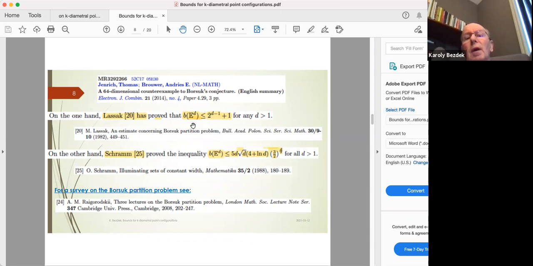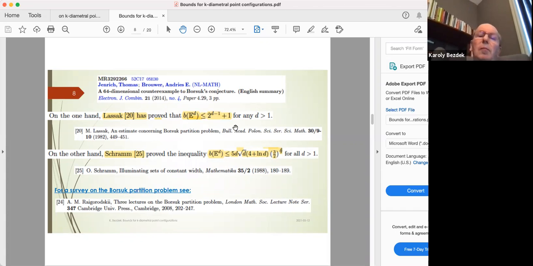On the other hand, we know upper bounds for the Borsuk number of d-dimensional Euclidean spaces. Namely, Lassak proved in 82 that any set of diameter 1 can be partitioned in this space into smaller diameter sets. Not too many sets we can create here, namely at most 2 to the d minus 2 raised to d minus 1 plus 1.